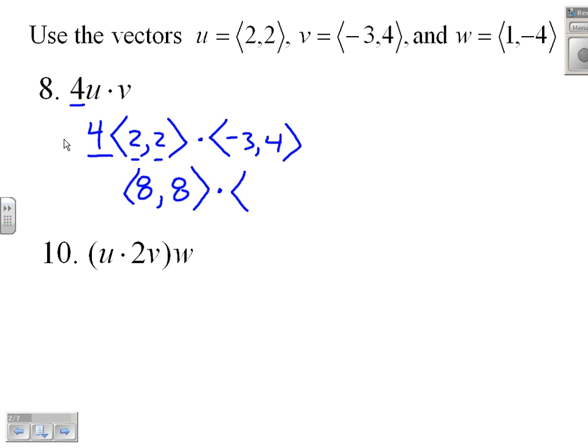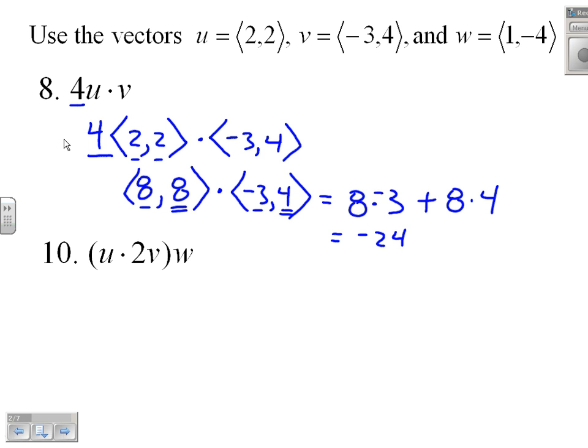And then we're going to dot that with -3, 4. So one more time, the long form of this, without doing any computation in our head, would be the 8 times the -3 plus the 8 times the 4, the product of the vertical components. Or in this case, -24 plus 32, or 8.